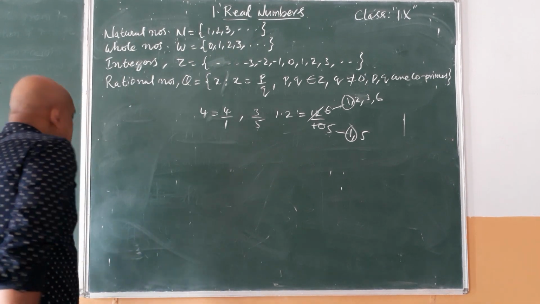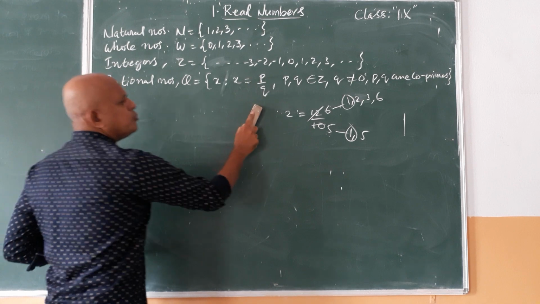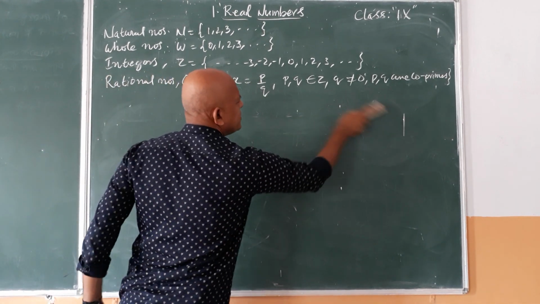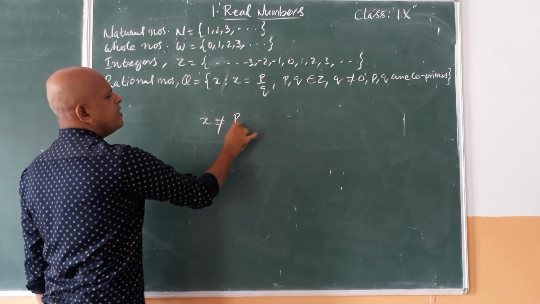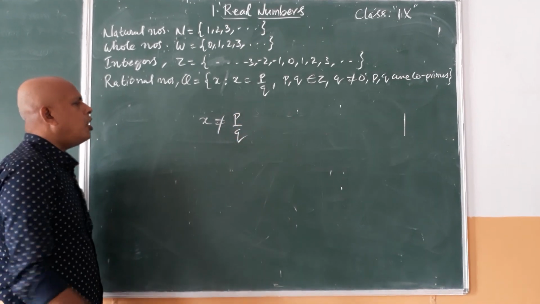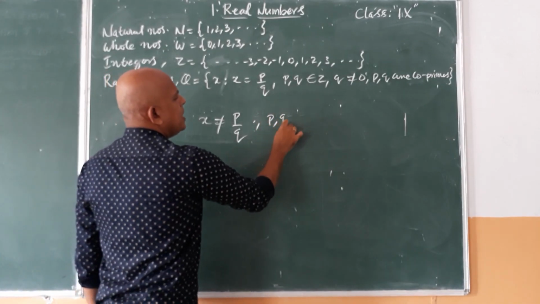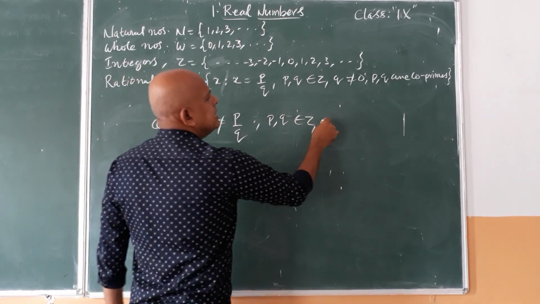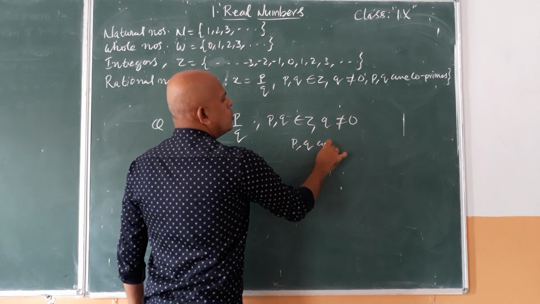But the numbers which cannot be expressed in the form of p by q are called irrational numbers. And the same condition follows here: p and q belong to integers and q not equal to 0, where p and q are co-primes.